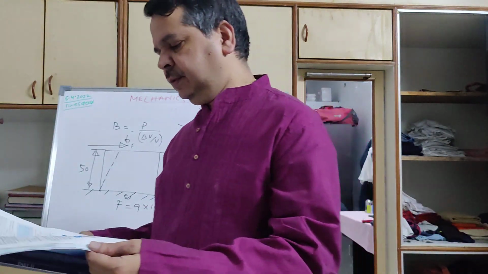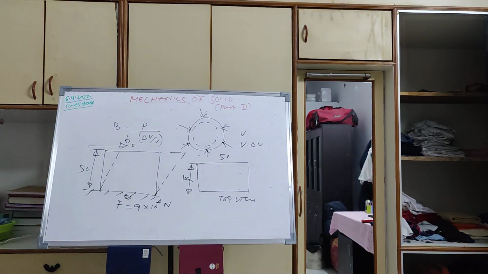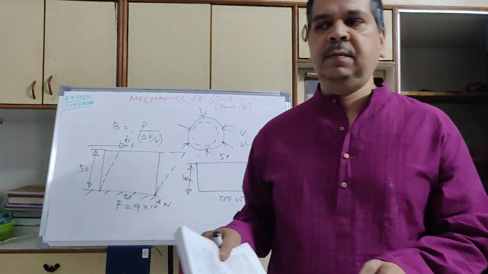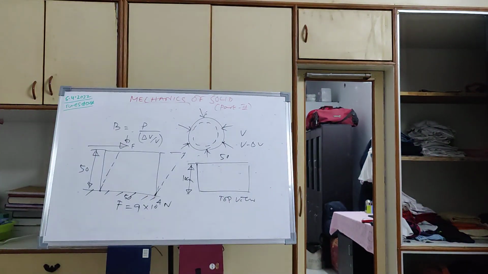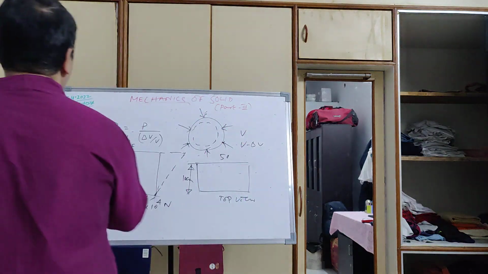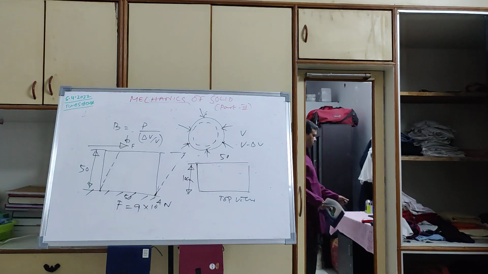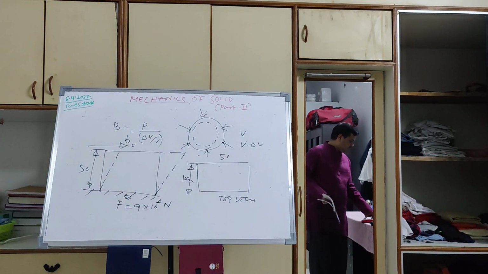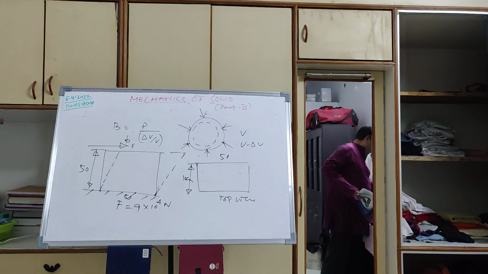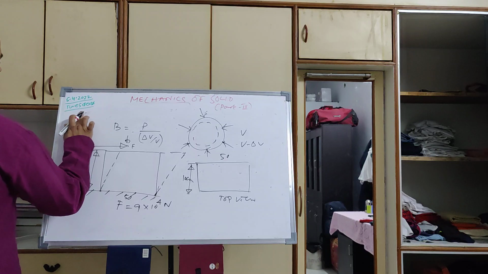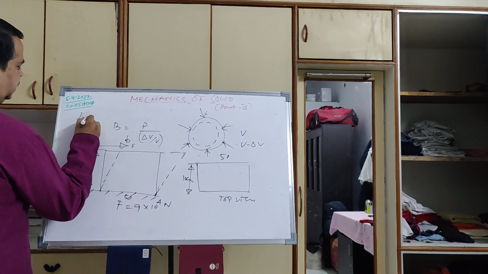So we have studied strain energy yesterday, like when we pull a wire by a certain amount, delta L, then the strain energy stored per unit volume is equal to half stress into strain.